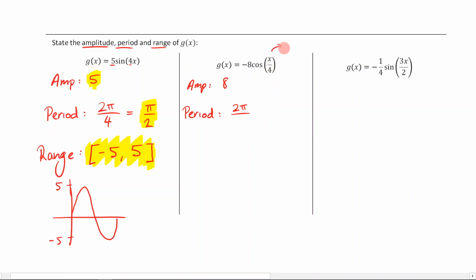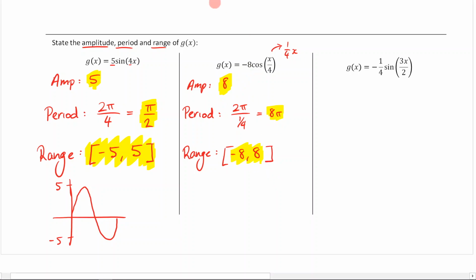This is 1 over 4 x. So I'm going to put 1 over 4 here, and that's going to be 8 pi. And then next we have our range. Our range is easy. We're going down to -8 and going up to 8. That's what our answer is going to be. I want to stress again that our amplitude is not negative, even when we've got a negative there.